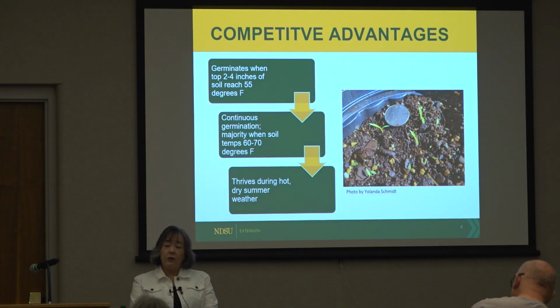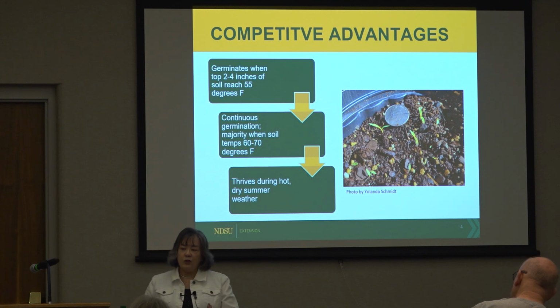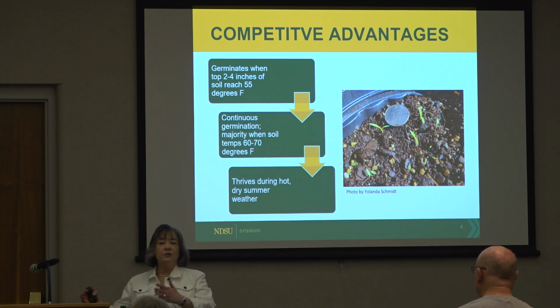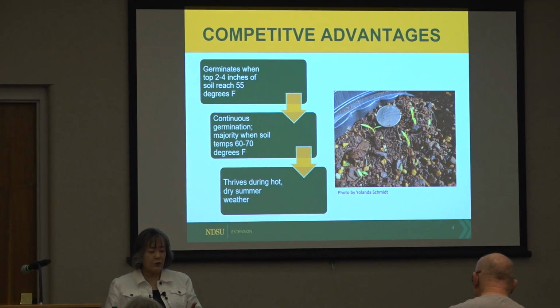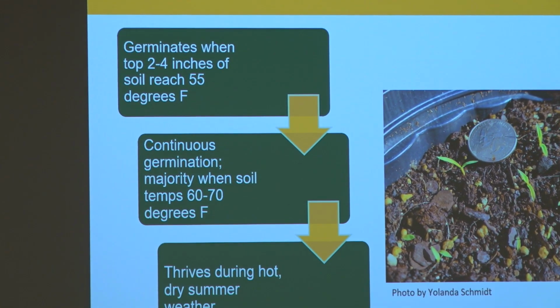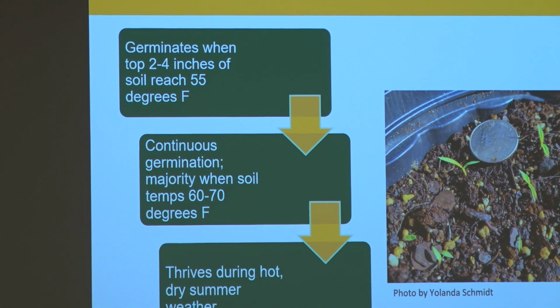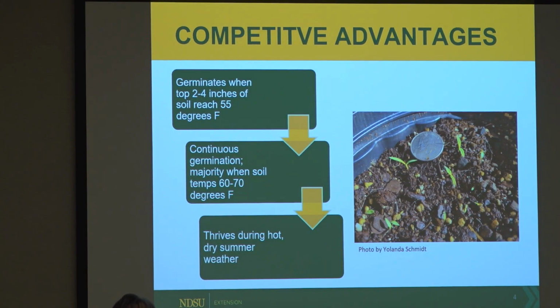Crabgrass has a lot of competitive advantages. It will germinate over a wide variety of temperatures. It starts to germinate when the top 2 to 4 inches of soil reaches 55 degrees Fahrenheit, and that's coming up fairly soon here. It will continue to germinate throughout the summer, but the majority of the seed will germinate when the soil temperatures are between 60 and 70 degrees Fahrenheit.